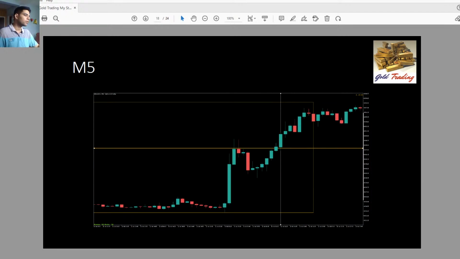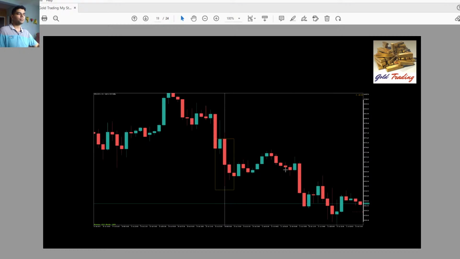Okay, let's look at the last example. This is the H1 time frame. This one is the major trend, the downtrend. We have a minor counter trend.